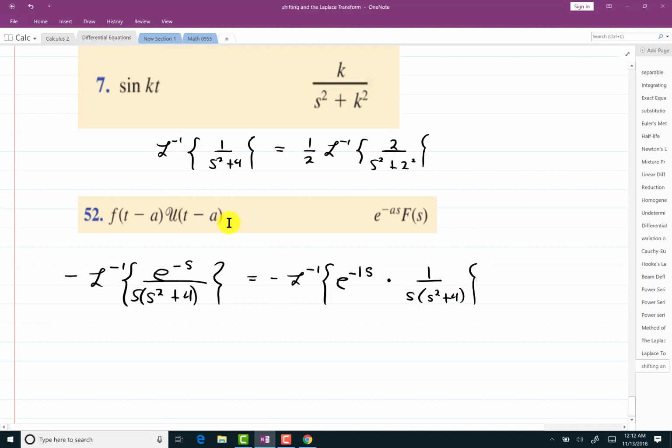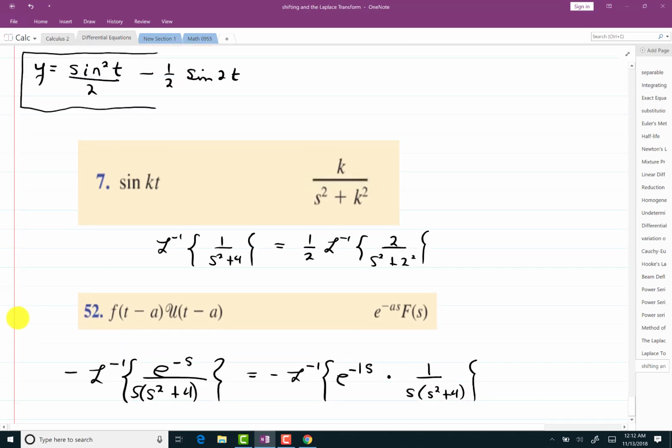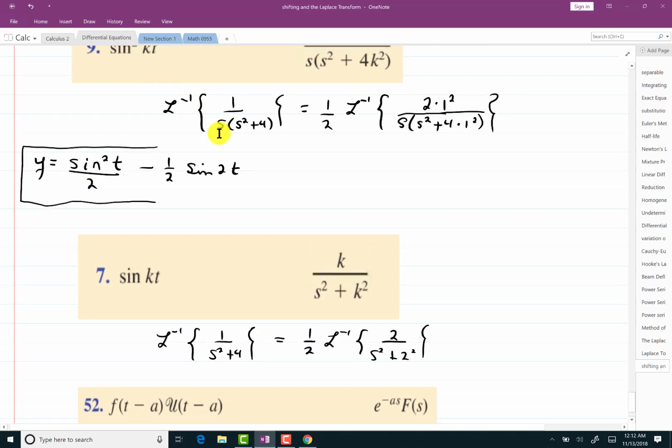Well, then I'll know what the f of t is if I know what this f of s is for something. The s times s squared plus 4. And I think we just did that, didn't we? There it is. That was sine squared of t over 2.